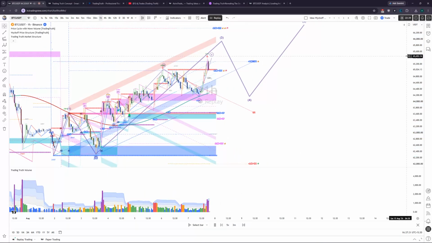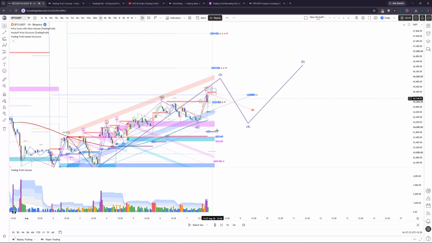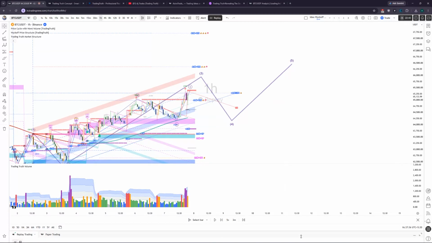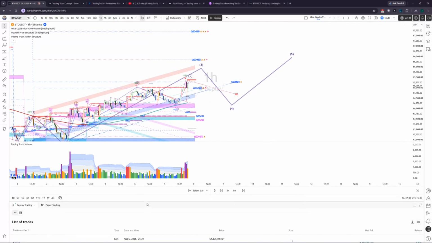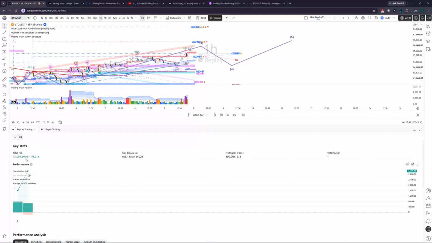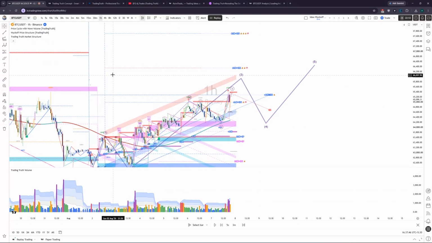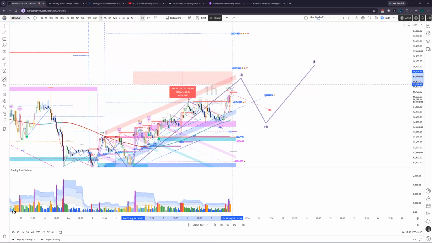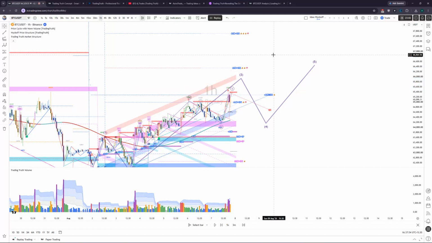Let's see. So our TP got hit, right? You see, our take profit got hit. So basically, we made 3,000 bucks in the span of, how much time was it? 4 days.